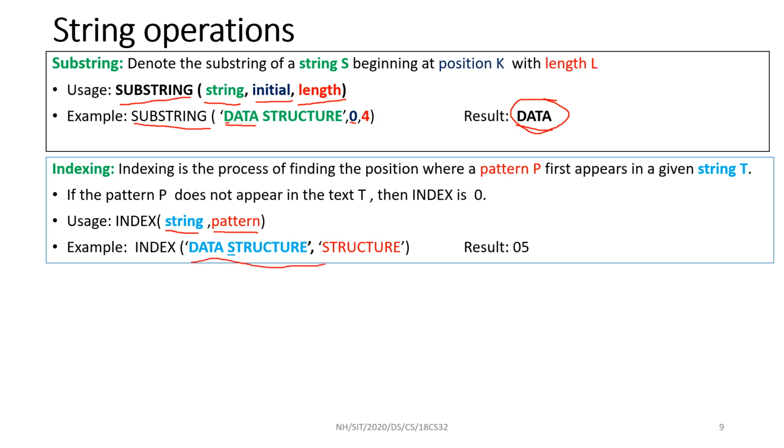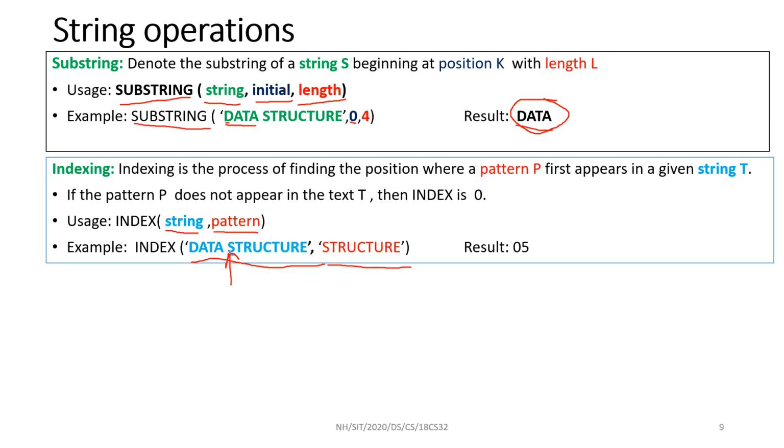Data structure is my input string. Structure is my pattern. So the structure pattern is searched here. If it is there, what is the first occurrence? That first character is here, because the structure is in the main string.